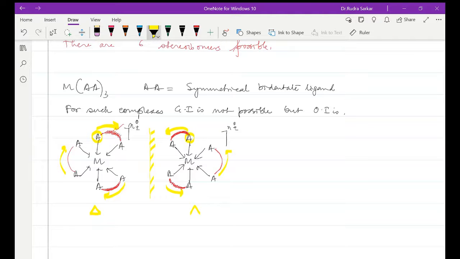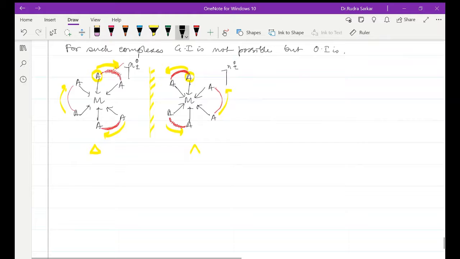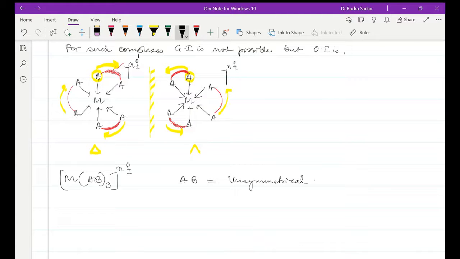Again, let's take another example in which we will be using an unsymmetrical ligand. So suppose we are taking over here M(AB) whole thrice. So AB out here is what? It is an unsymmetrical bidentate ligand.